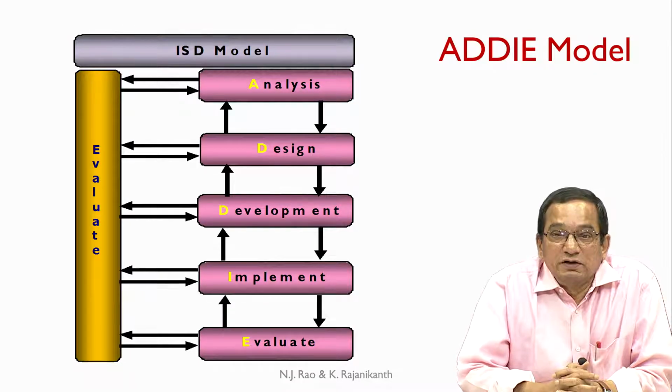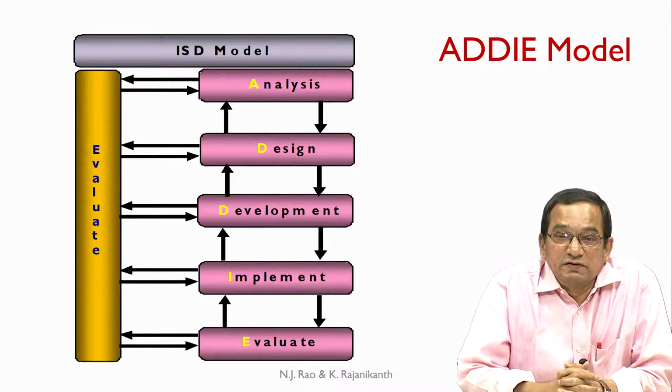Whereas the ADDIE model, at least in the presently accepted standard form, has feedback at every stage. After every phase, it goes through an evaluate, and if the evaluate phase indicates that a revision is necessary, then the activities in that phase are revisited. So, at the end of every phase, we do have an evaluate process taking place.